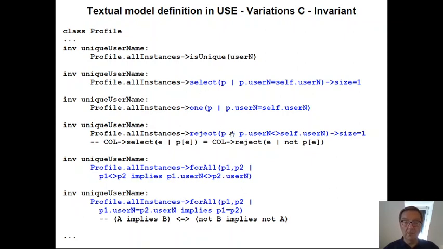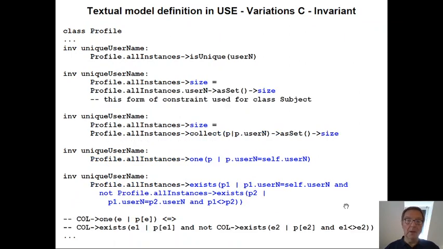So all formulations, 1, 2, 3, 4, 5, 6, all 6 formulations are equivalent formulations for the requirement unique usernames here. We have some more equivalences to offer and to study.